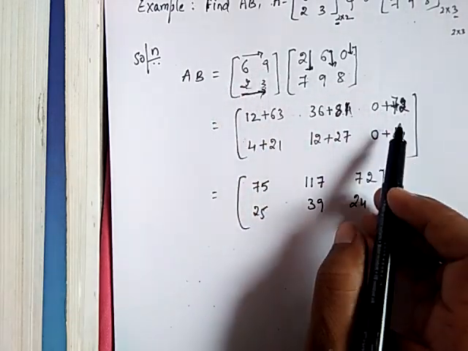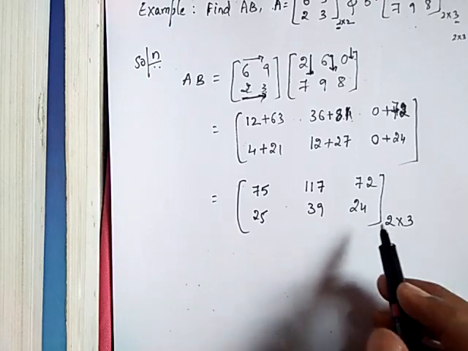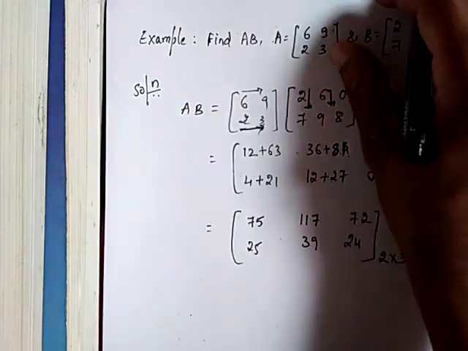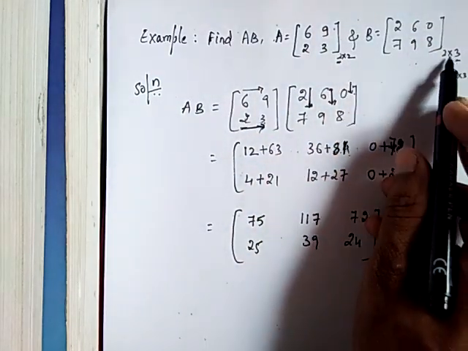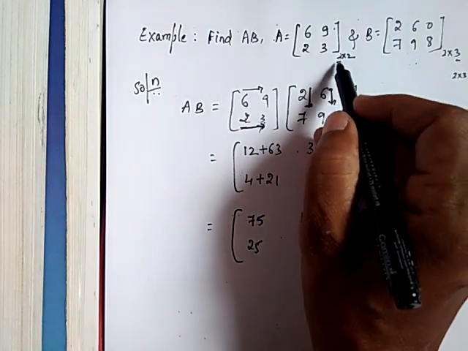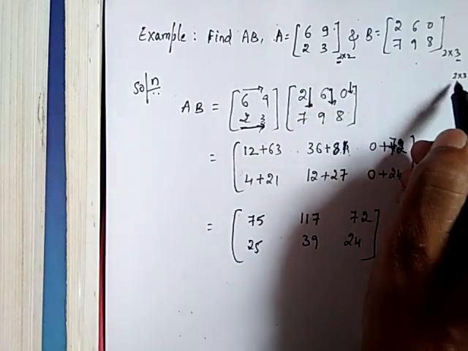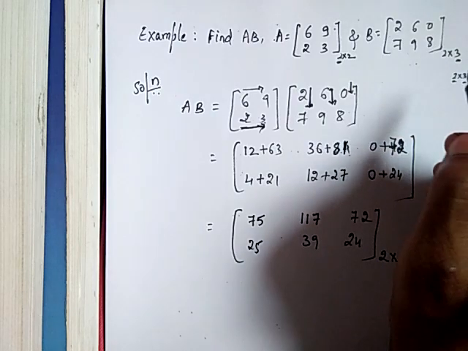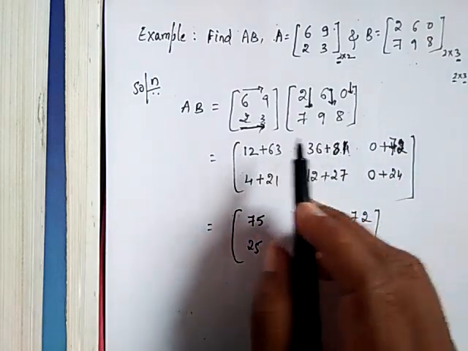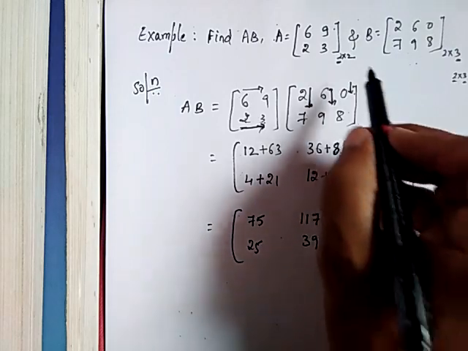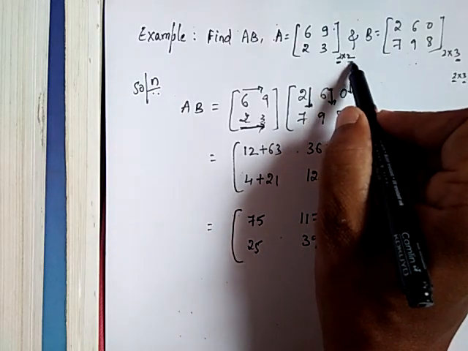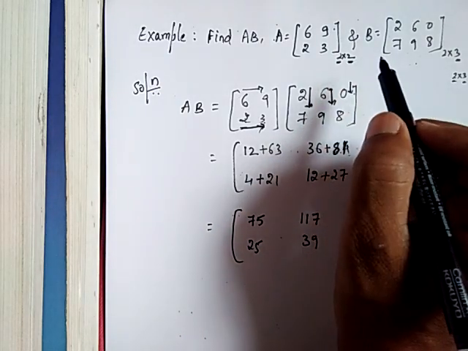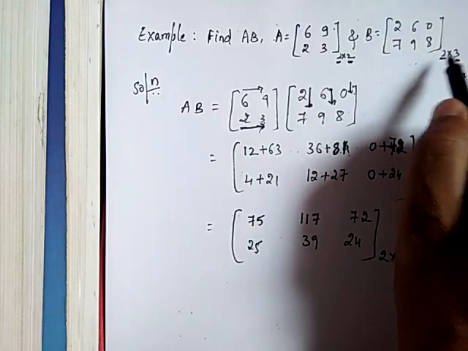We multiplied these. So how to multiply this one? See here, a 2 by 2 matrix is there, here a 2 by 3 matrix is there. So the first matrix has 2 rows and the second matrix has 3 columns. You can multiply two matrices when the columns of the first matrix equal the rows of the second matrix.